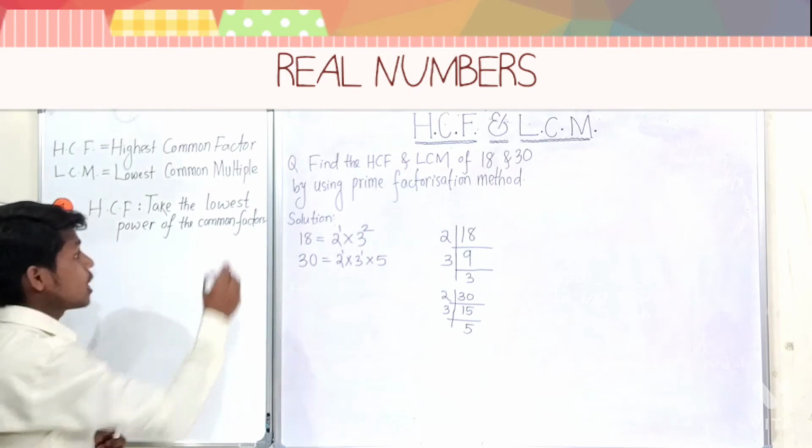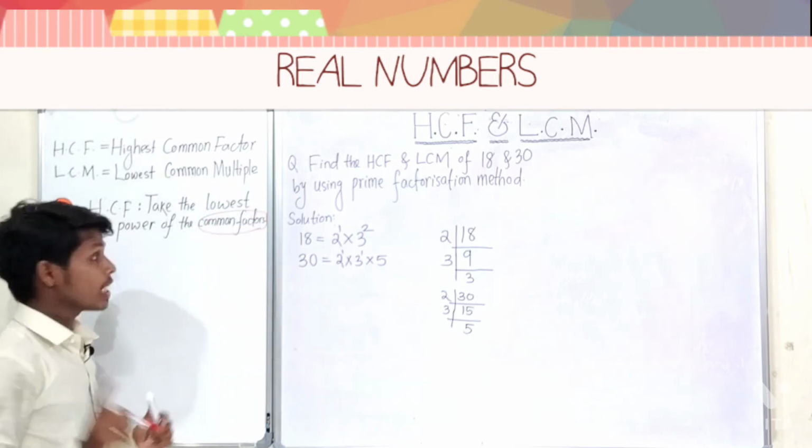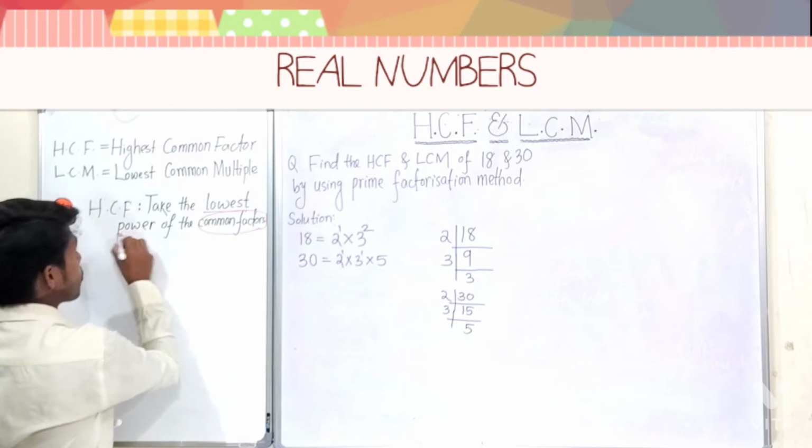It means you have to take the common factors first, then you have to take the lowest power of them.